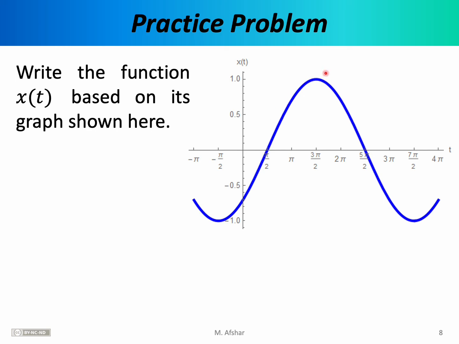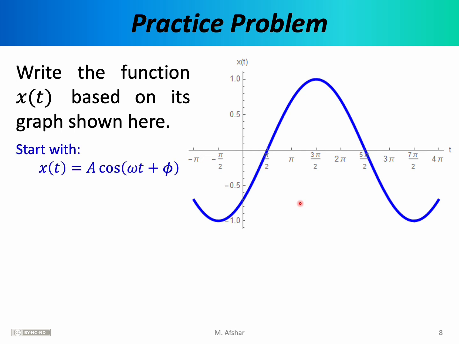At a time of 3 pi over 2 seconds, it reaches its maximum displacement, and then it turns around and moves in the negative x direction. And then presumably it repeats this motion over and over again. So based on this graph, write down the function that describes these oscillations.